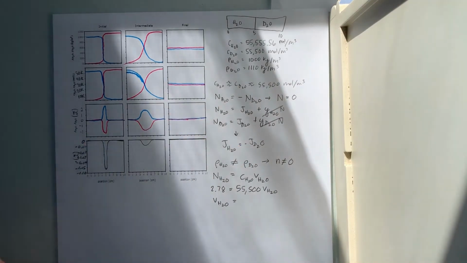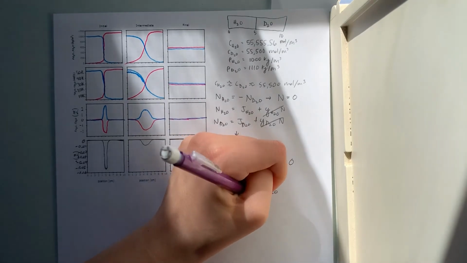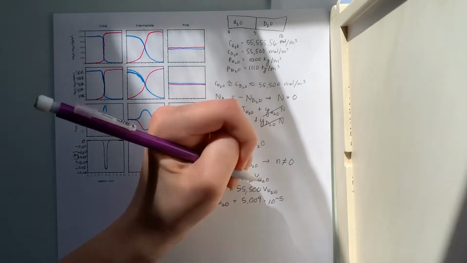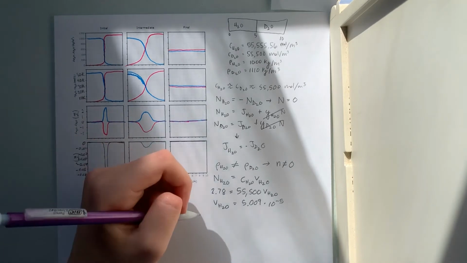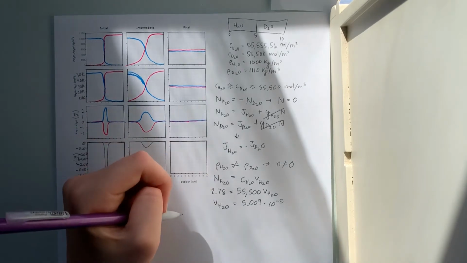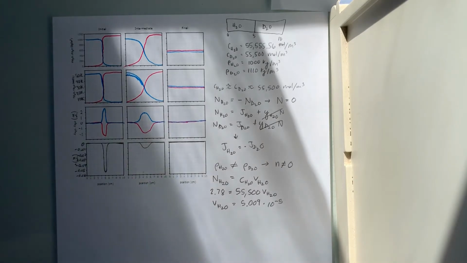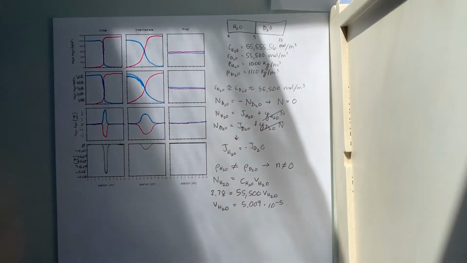So the velocity of water is 5.009 times 10 to the negative fifth. This velocity can then be used to calculate the mass flux of the water.